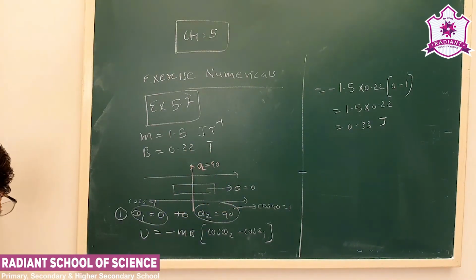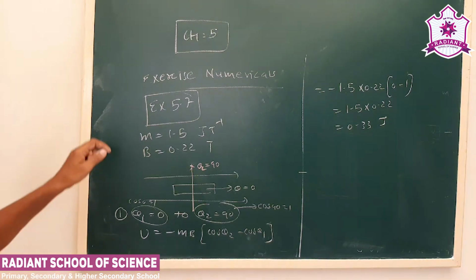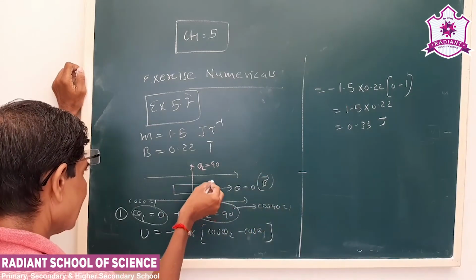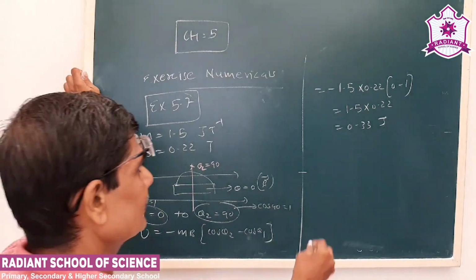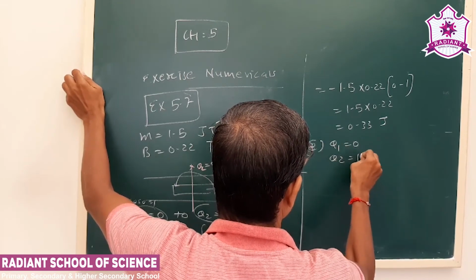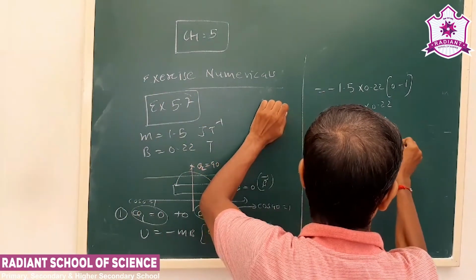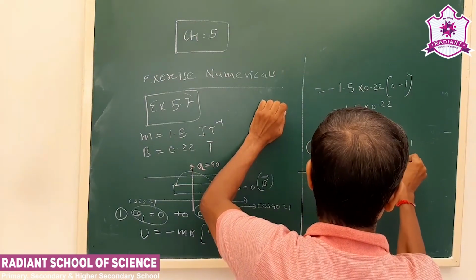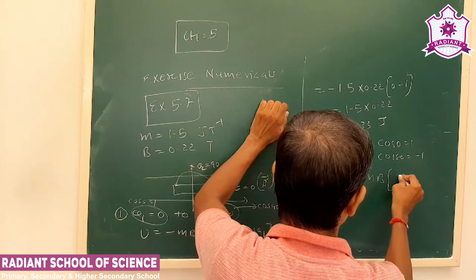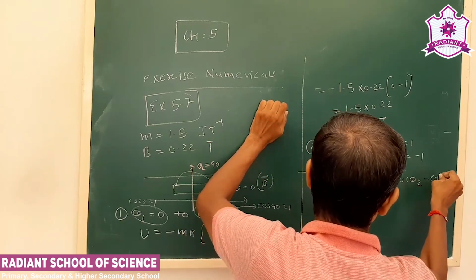Secondly, we have to find out, first it was in the direction of the field. This is a uniform magnetic field, now opposite direction. So in that case theta 1 will be 0, theta 2 will be 180, cos 0 is 1, cos 180 is minus 1. Again U is equal to minus m b into cos theta 2 minus cos theta 1.